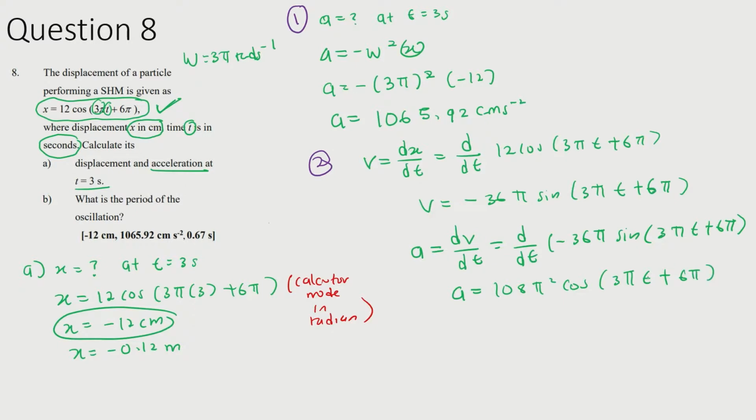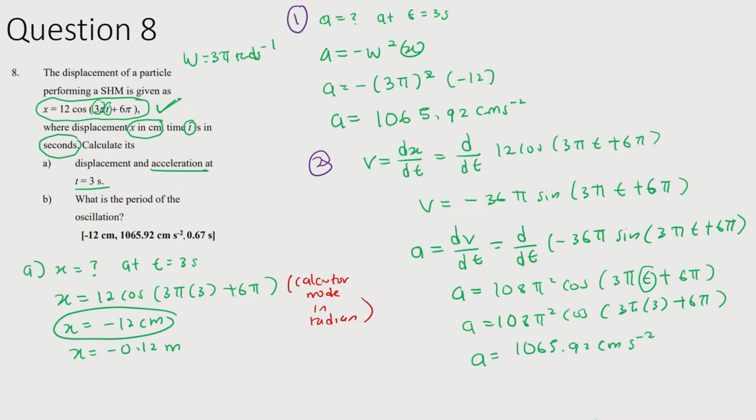And you just need to substitute the t with 3 seconds, which will give you the answer of 1065.92 centimeter per second squared.